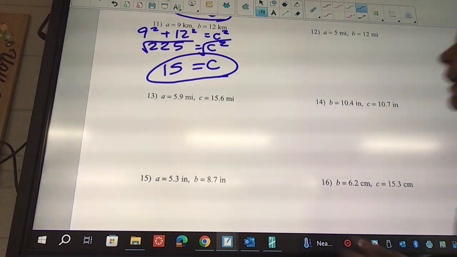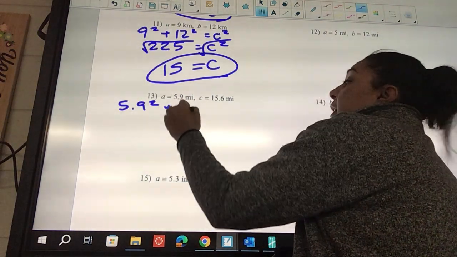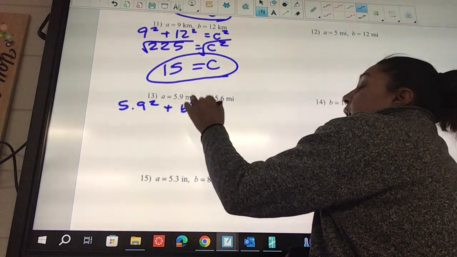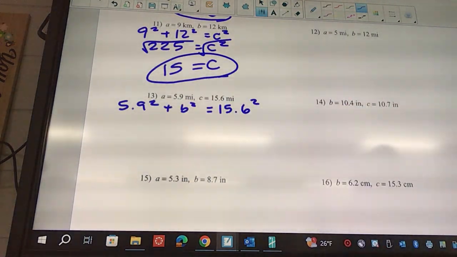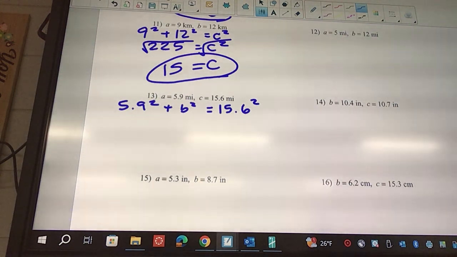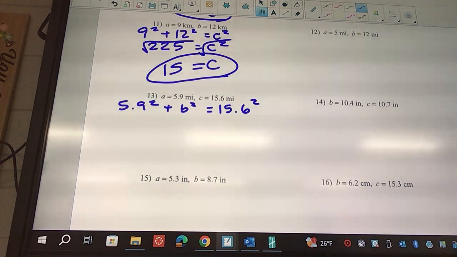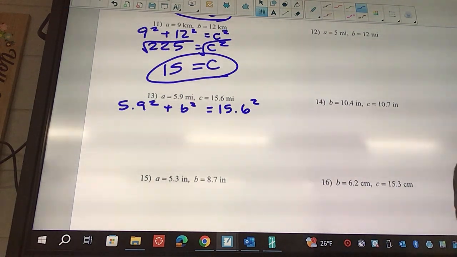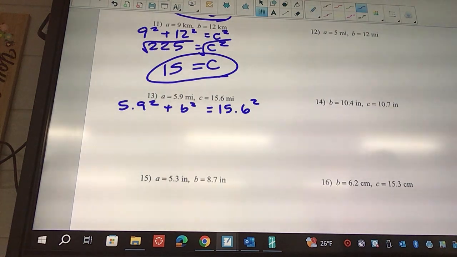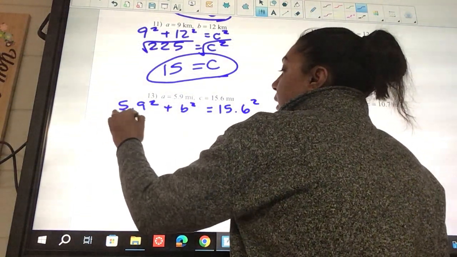Okay, 13, I got A, it's going to be 5.9 squared plus my B is not up here, so we're going to say B squared, equals C squared, which is 15.6 squared. Okay, what is 5.9 squared? 34.81.